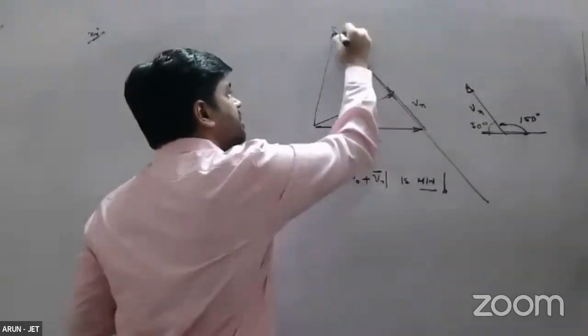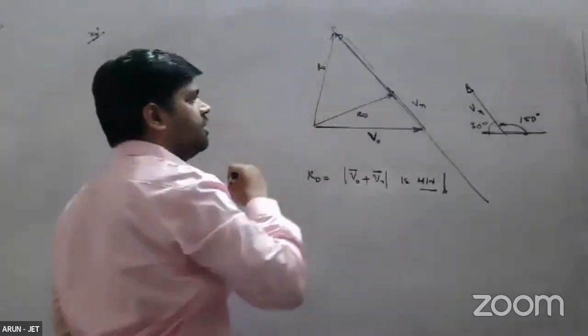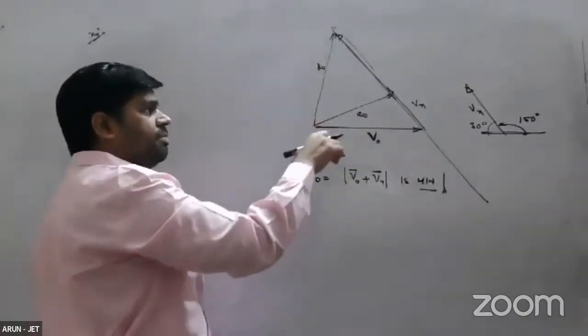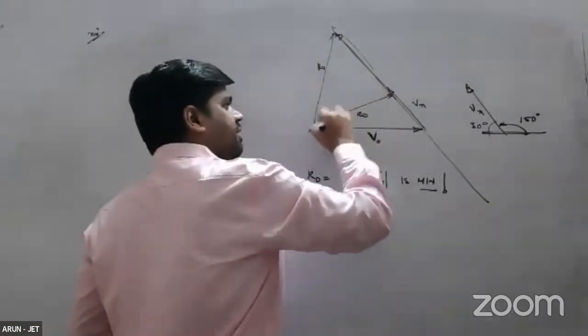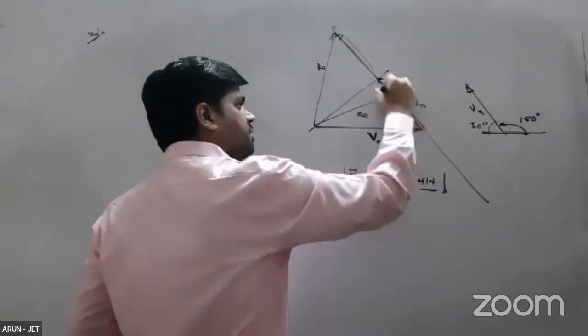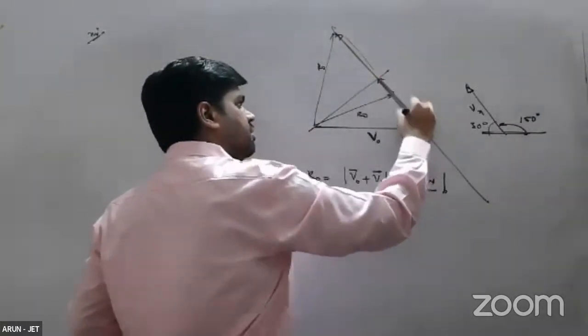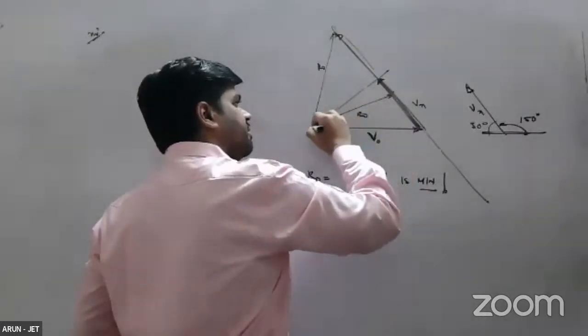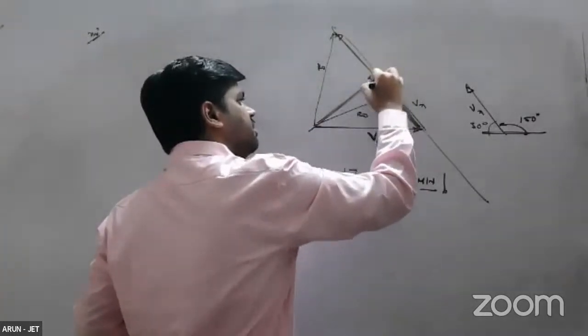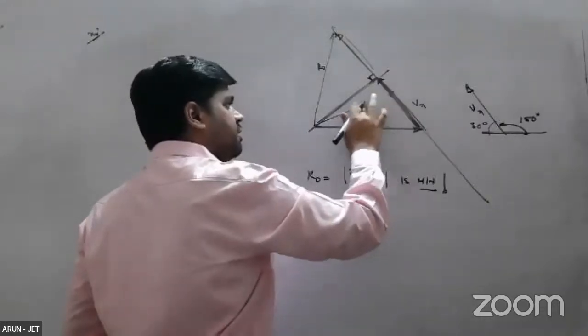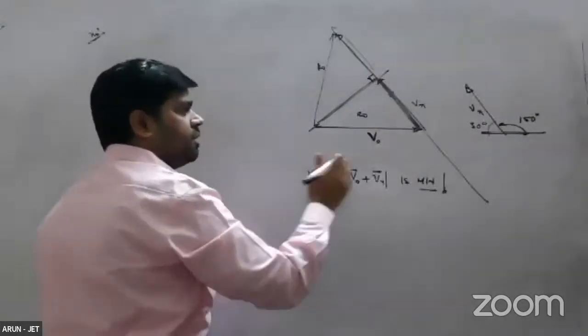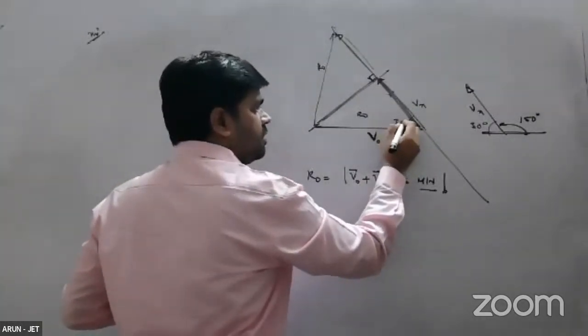If Vx is this much, this is my R naught. Now R naught is supposed to be minimum. That means my Vx should be somewhere here. I drop a perpendicular. This should be my Vx. And this angle is 30 known.